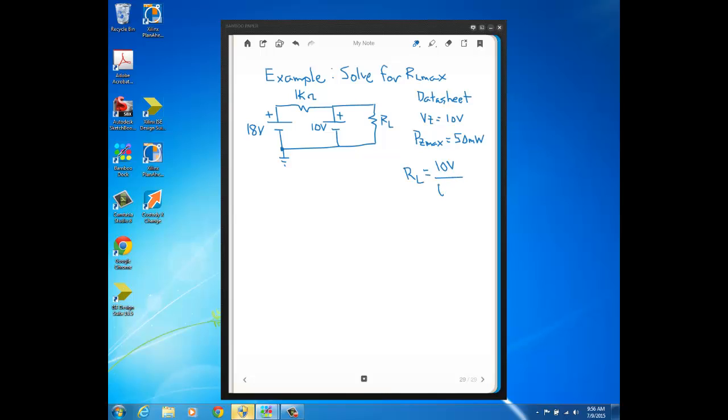So what we need to do is find what IRL is. Just like we had in the general example, our currents: this is IS, this is IZ, and this here is IRL.